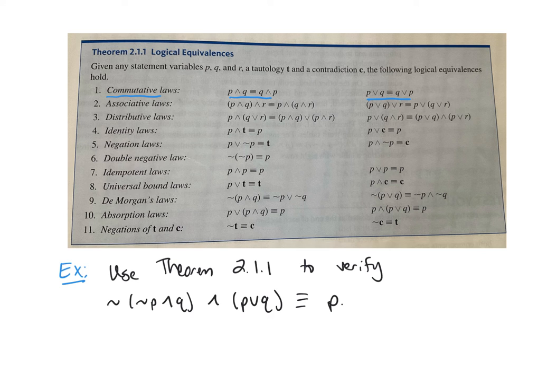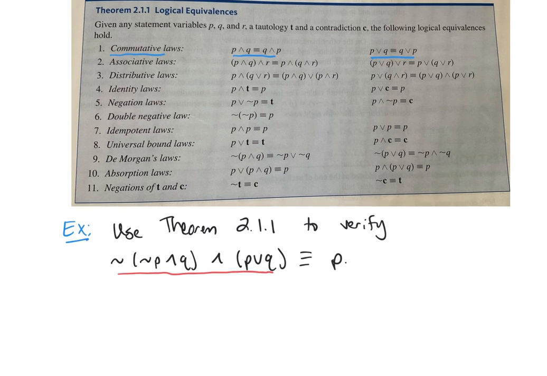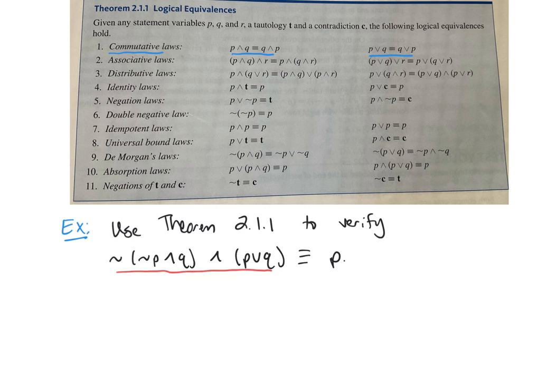So we're going to work with the left-hand side here. And we're going to use these rules in this table and show that we get that this is identical to P. So let's start by writing down the left-hand side.